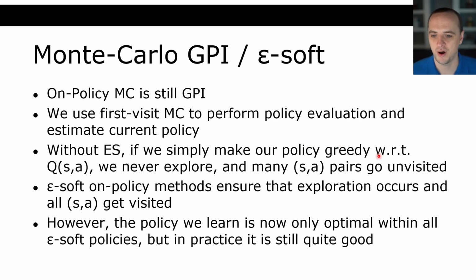However, the policy we learn is now only optimal within all epsilon soft policies. But in practice, that's still quite good. What this means is a little bit hard to wrap your head around, but I'll have an example later called the cliff example, which will show you what I mean by that sentence. So if you don't get that yet, it's okay. We're going to give an example of that a bit later in the lecture.